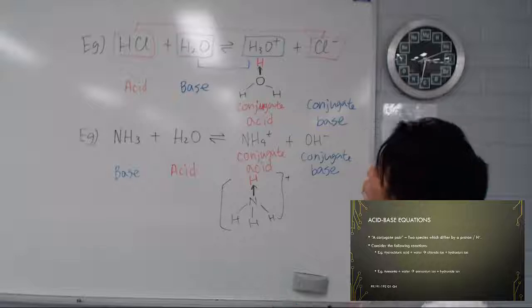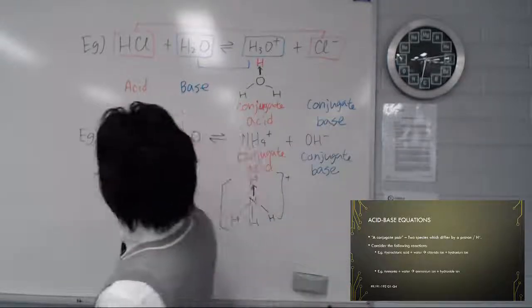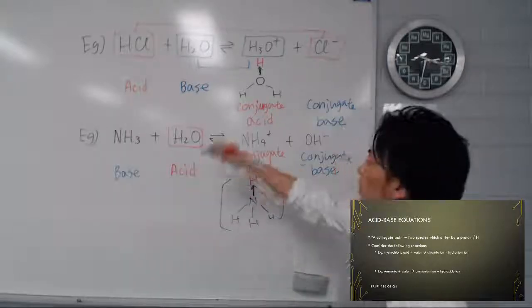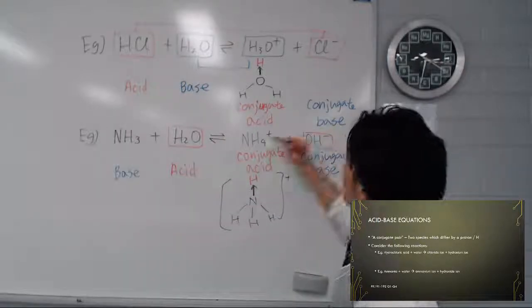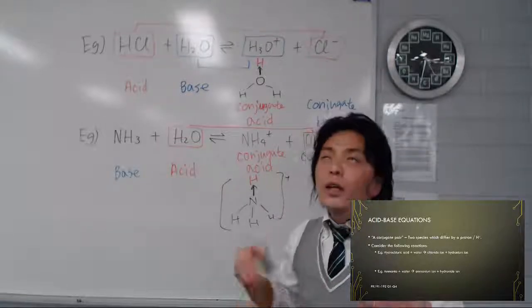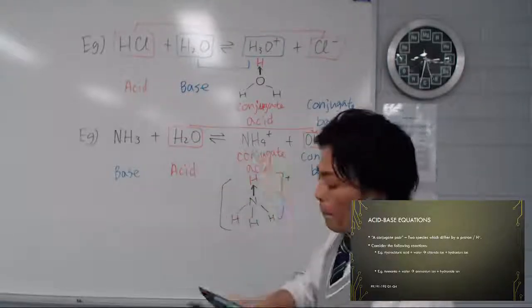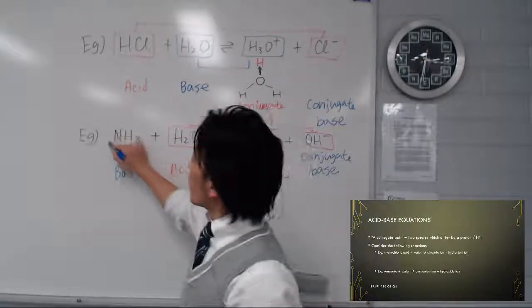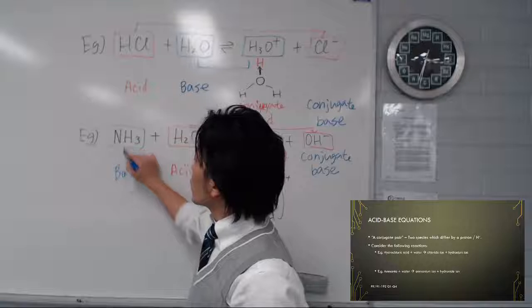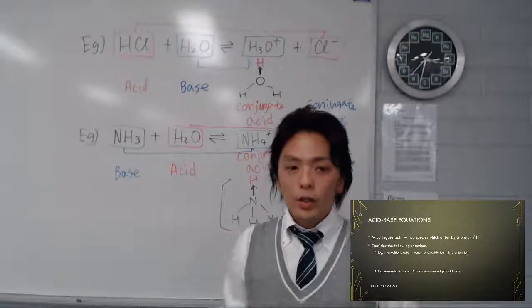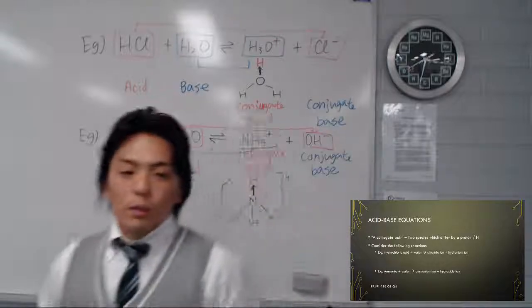Let's just draw the arrows around. The original acid became this. So these are species that differ by one proton. NH4 plus and NH3 also differ by one proton. So they are the concept of conjugate acid and base.